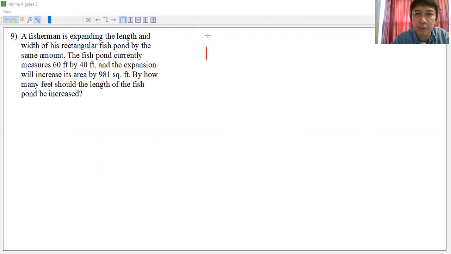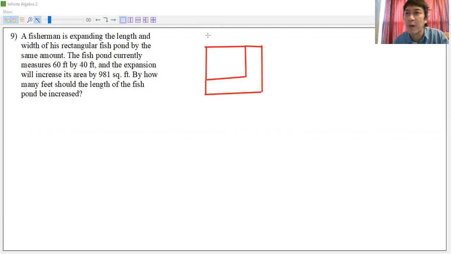So for example, we have a rectangle like this, and then this is to be increased, and this to be increased here, such that this will now become like that. So comparable to the terrace a while ago. We have here the dimension, 60 by 40.